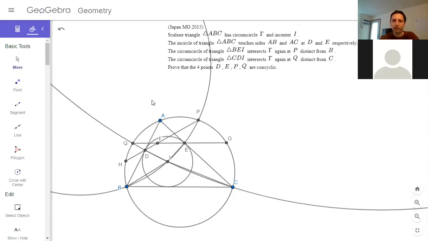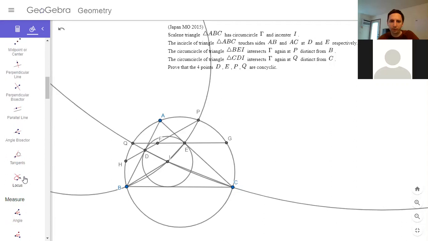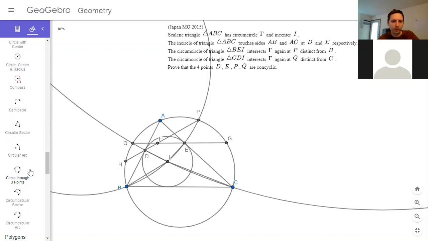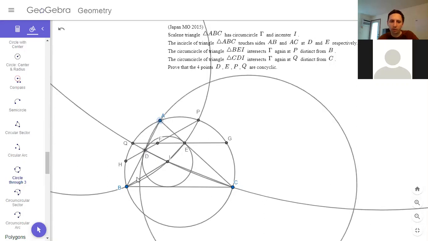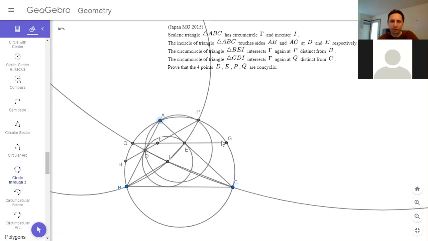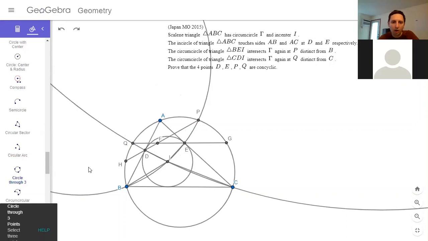Is the circumcircle of ADE tangent to the other two circles? Or are you sure you mean that ADE? So you just mean this circle? Maybe you meant a different circle. I drew a circle just a second ago.